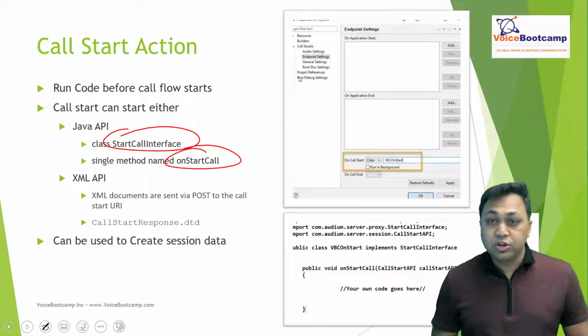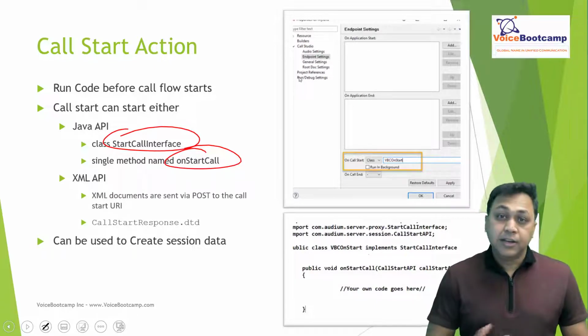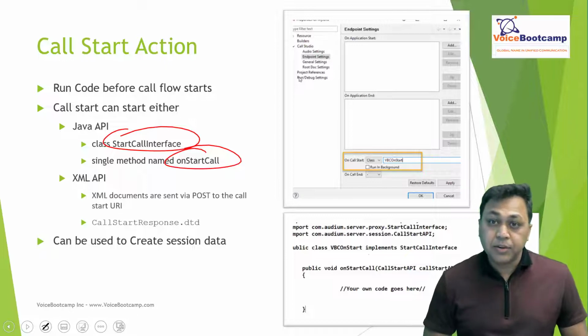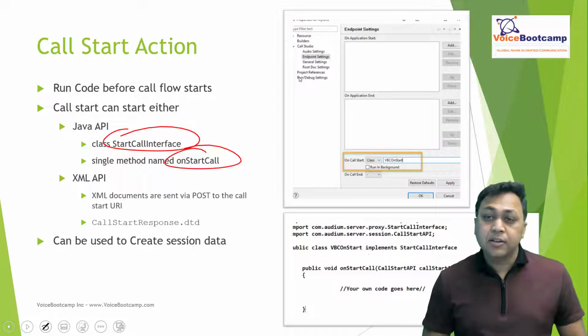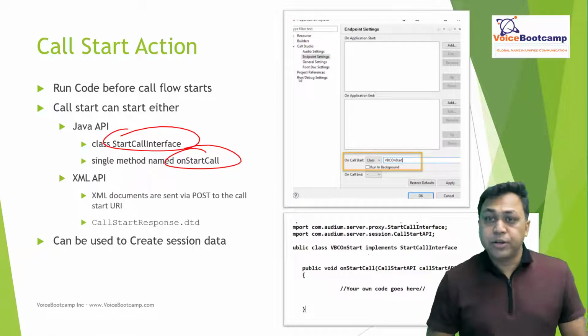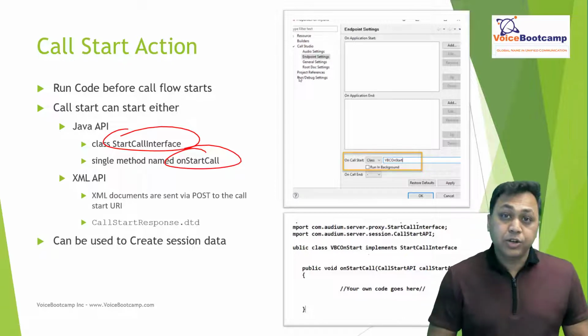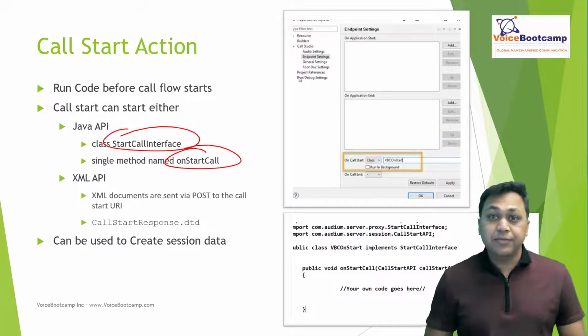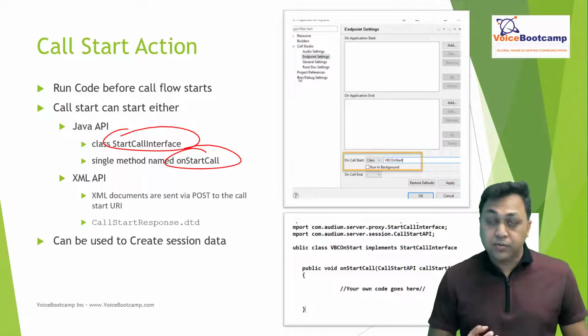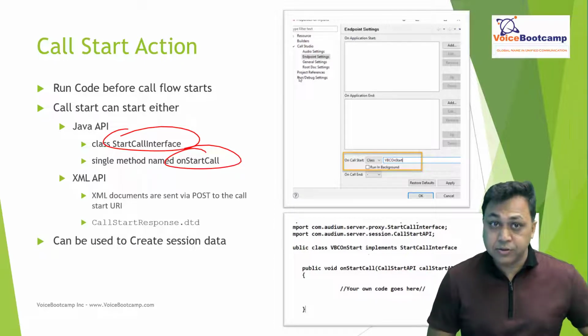This class belongs to the session API, which we spoke about in the previous video, and it is used to access and modify session information such as session data. This method does not have a return value. If there is an unrecoverable error, this class is expected to throw an audio exception.